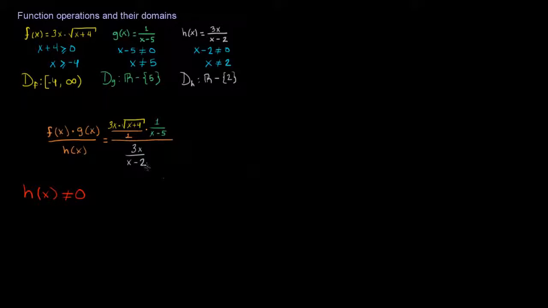We have to make sure that h of x as a whole cannot be converted into a 0 in any part of it, because if we allowed this, we would accept a value that would make this operation undefined, because we get a division by 0. So we have to make sure that none of the parts of h of x can be converted to a 0.